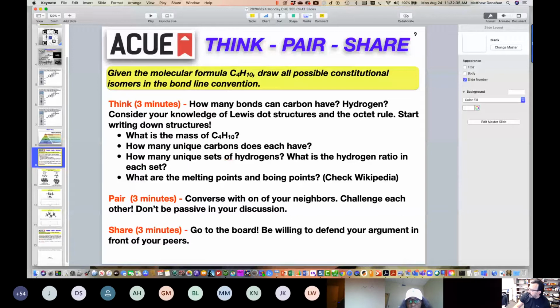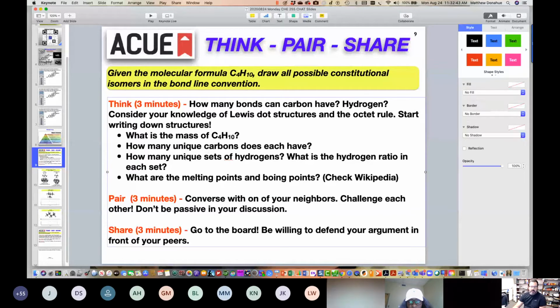So Ian looks like he has both of them written down in the bond line. Those look correct. So think about these other prompts. How many unique carbons does each have? How many unique sets of hydrogens, and what is the ratio? And then look at Wikipedia. What's the melting and boiling points of those?